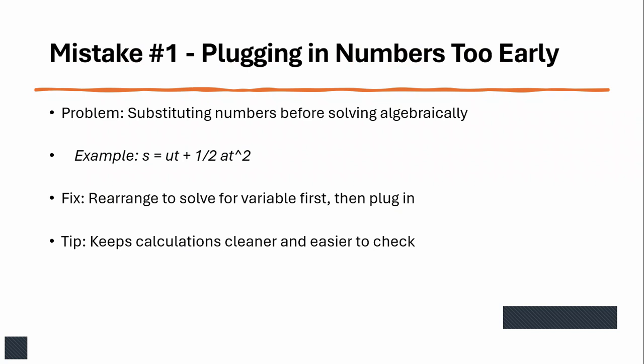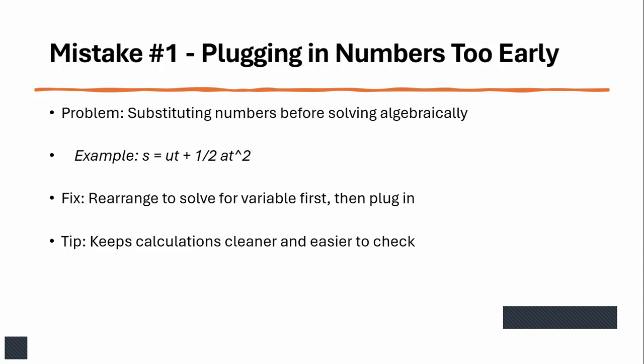The variables are there. The S is displacement or distance. Then you have initial velocity, that's the U, and then you have the T for time, and A, the acceleration.